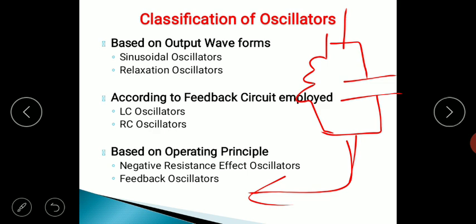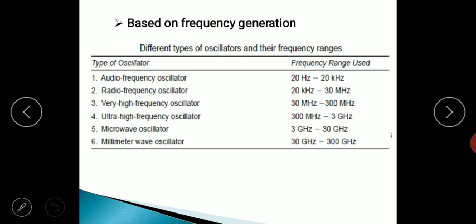And there is one more important category of oscillators, that is based on the frequency generation. Based on what is the frequency generated by the oscillator, we can classify the oscillators into different categories. The first one is called as audio frequency oscillator. As the name itself indicates, what do you mean by audio frequency oscillator?